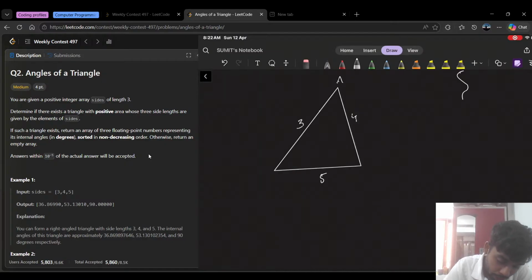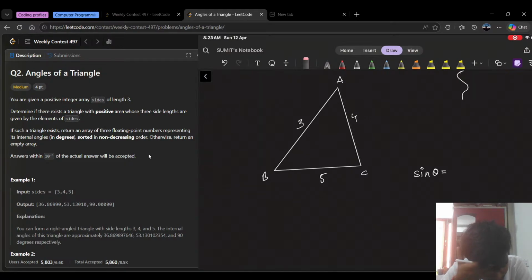Let it be A, B, and C. Again, I get the angle in between.